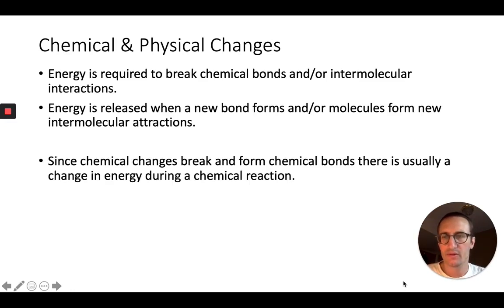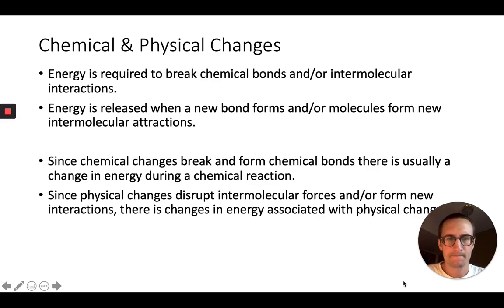And so there's usually energy changes associated with those chemical reactions. And since physical changes disrupt intermolecular forces and new intermolecular attractions form, there's usually energy changes associated with those physical changes.